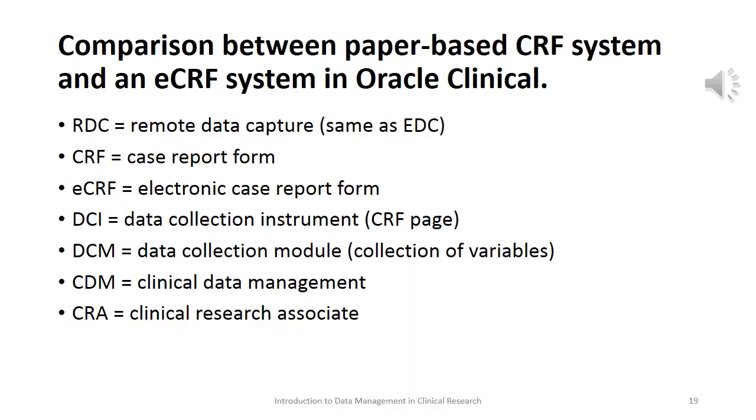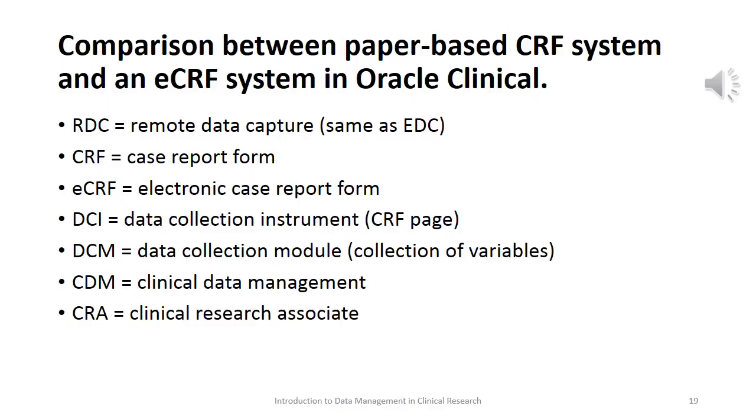Then, of course, you know what a case report form is. An electronic case report form is just part of the clinical database, as opposed to an actual form that you fill out. Then DCI is data collection instrument, which you can think of as the same thing as a single CRF page.